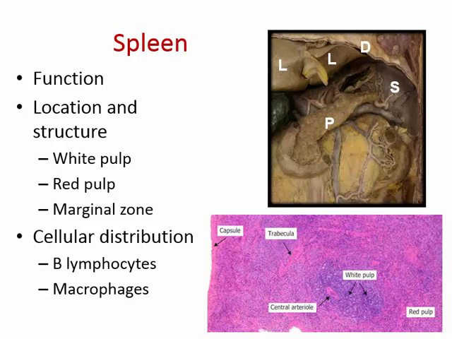One is going to be called culling, and the other one is going to be called pitting. Culling is when the macrophage eats the entire old cell. Okay?